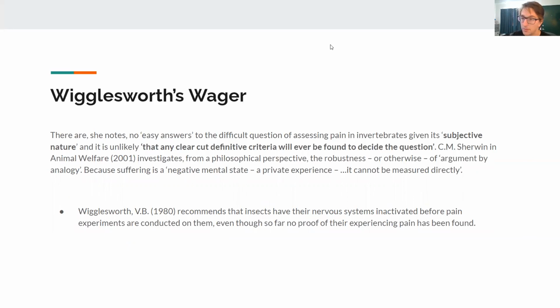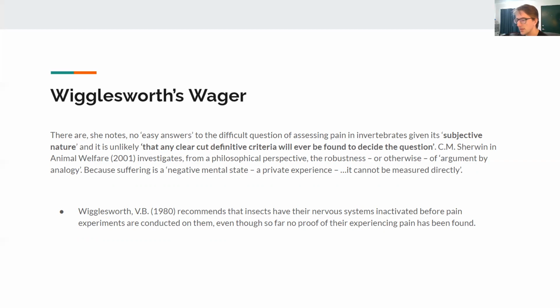Since we don't really have any positive information regarding whether or not insects have pain states, Wigglesworth has wagered, in kind of a Pascal-type wager, that the risk is quite large in terms of potential suffering we could be putting in the world if we're using insects for pain research, and unethical paradigms where intense suffering could be occurring.